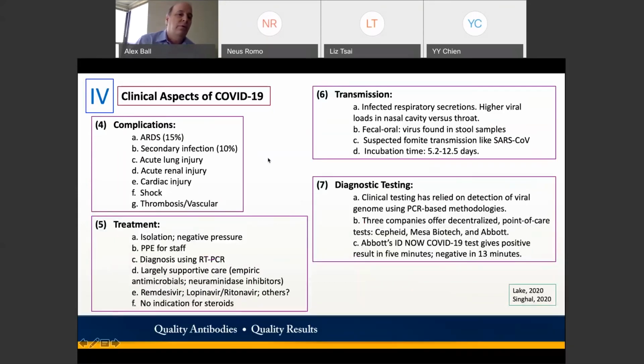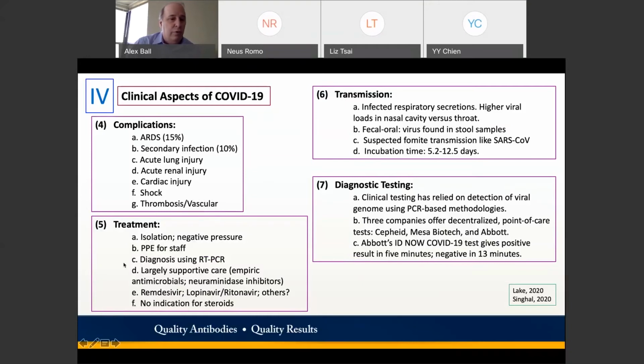So related to that, what are some of the complications that happen to patients who have more severe disease? And that is ARDS, acute respiratory distress syndrome, secondary infection, acute lung injury, acute renal injury, cardiac injury, shock, and as we're hearing more and more about, thrombosis and other vascular manifestations of the virus.